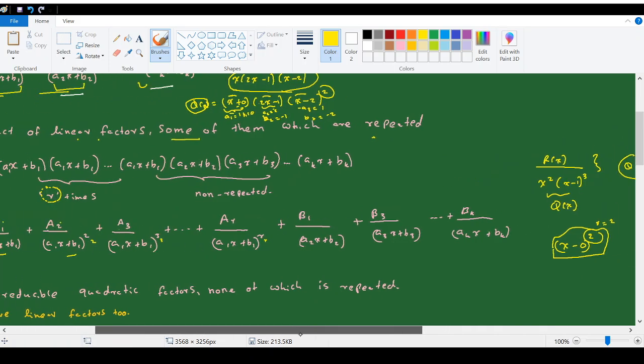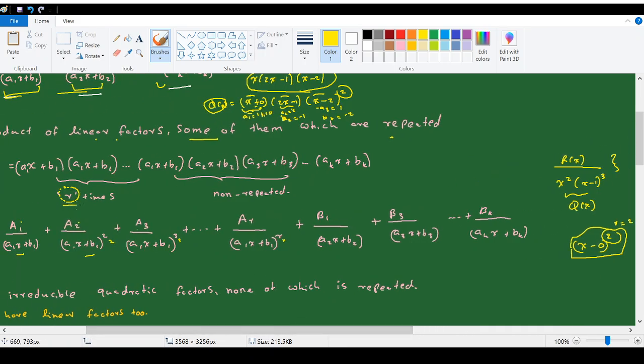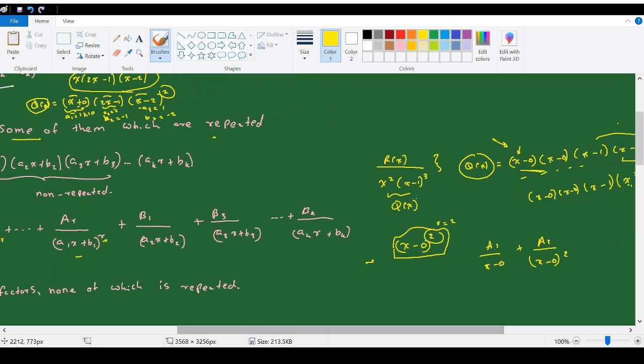Here it says repeated r times and we write a1 over the linear factor, a2 over the linear factor squared, 3 times and up to r times. But in this case we had only 2 repeated, like this linear factor was repeated 2 times. And now here it has another linear factor which is repeated 3 times.